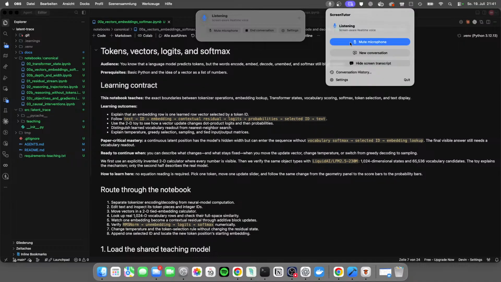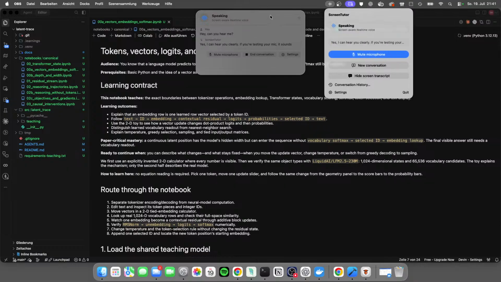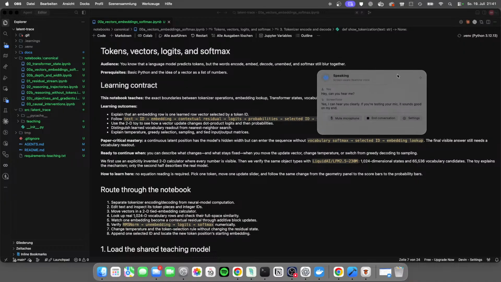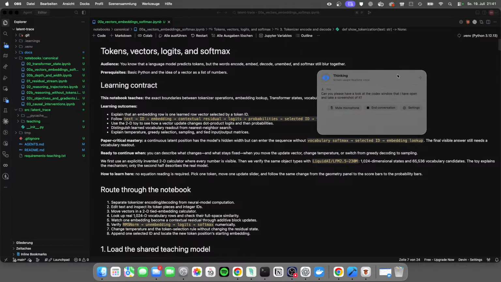Hey, can you hear me? Yes, I can hear you clearly. If you're testing your mic, it sounds good on my end. Can you please have a look at the codex window that I have open and take a screenshot of it? Okay, I'll check for the codex window and grab a screenshot for us. I don't see a window labeled codex in the list.